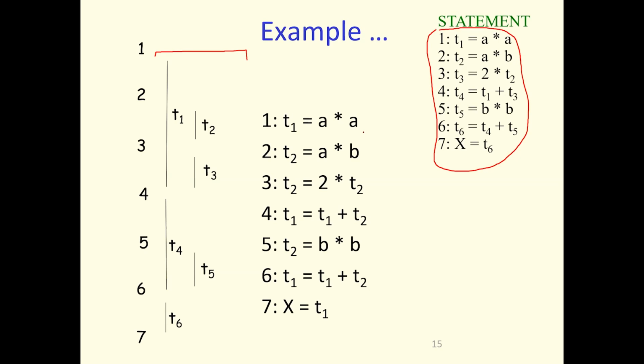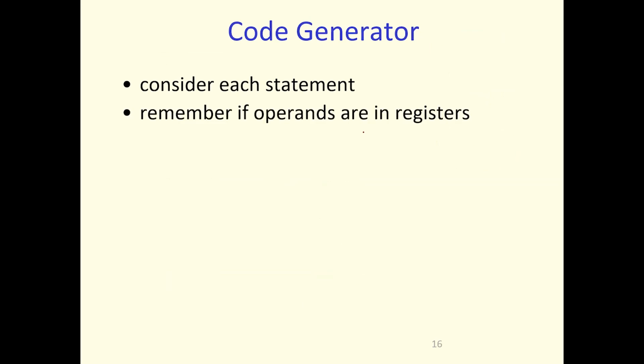So let's look at a very simple code generator which will work on such 3 address code. Again, our simple code generator will go through individual statements, but then it will have some global view by remembering which operands are in registers and which are not.